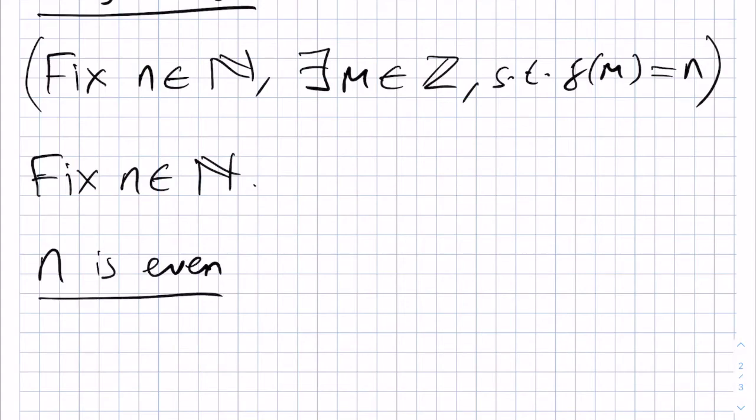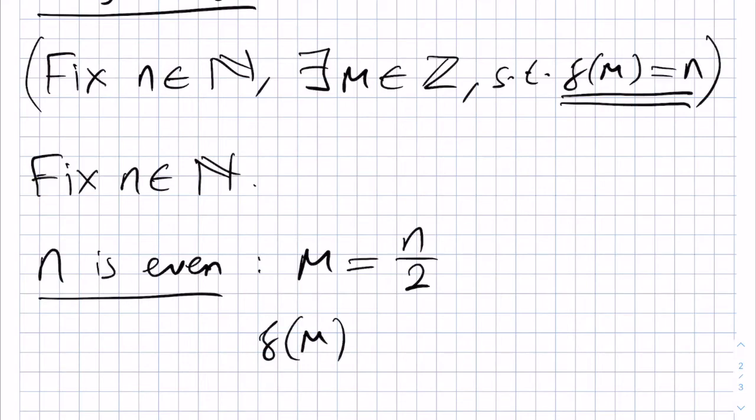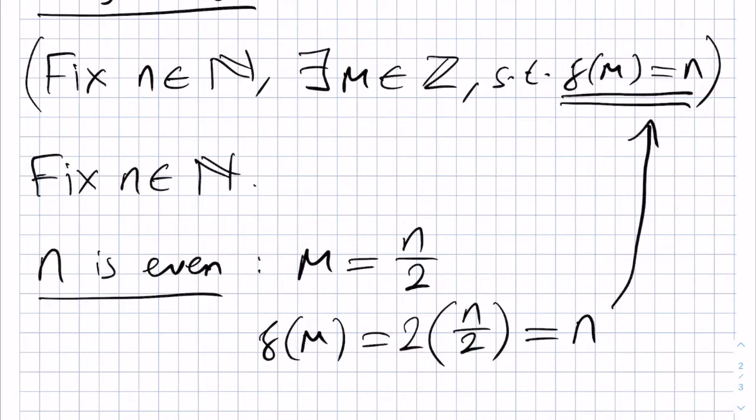In this case, if we want to choose an m such that f of m equals n, then we can choose m to be n over 2. n is even, and so n over 2 will certainly be a natural number, and more generally, an integer. Then f of m will be 2 lots of n over 2 because m is positive, because n is a natural number, and this gives us n as required by our condition.